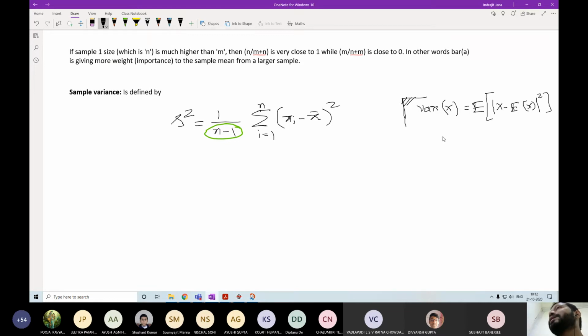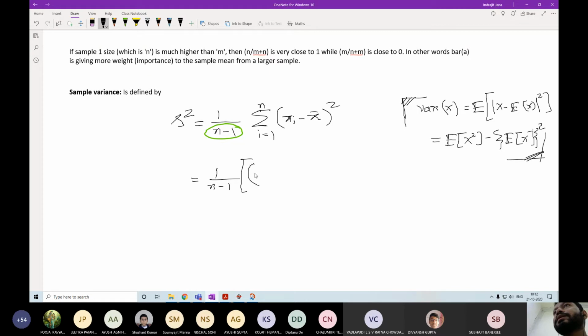And if you recall, there is an alternative formula, which is expectation of x square minus expectation of x, whole square. So the same thing will also be true here. This will be 1 over n minus 1, and if you understood how that was proved, you can prove this part also.